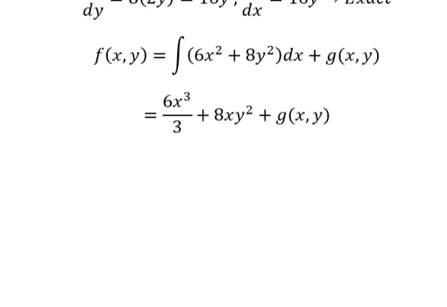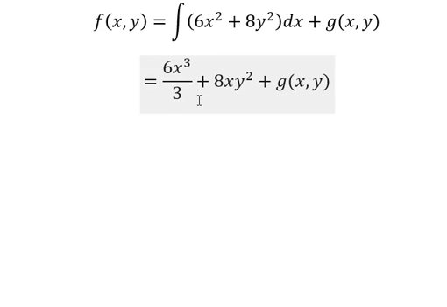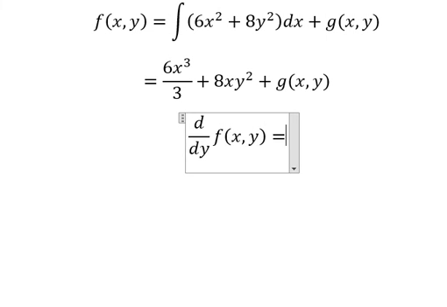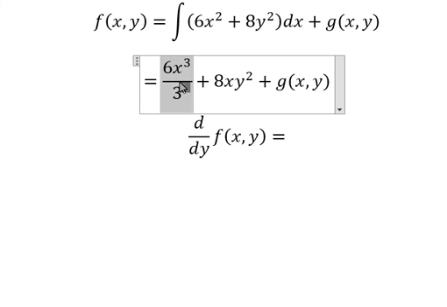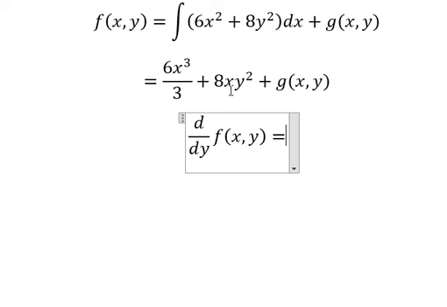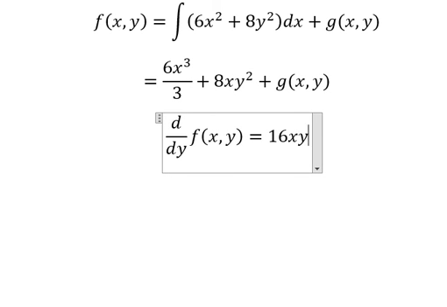Next, we need to do first the derivative of f with respect to y. So this one we have 0. This one we have 2y. And then we have number 2, and that is 16sy.